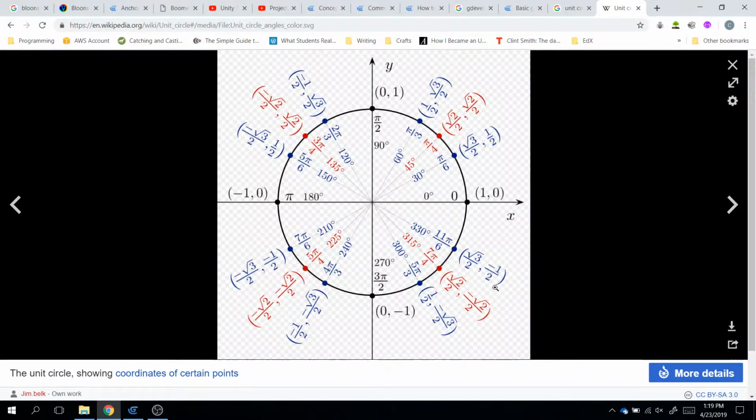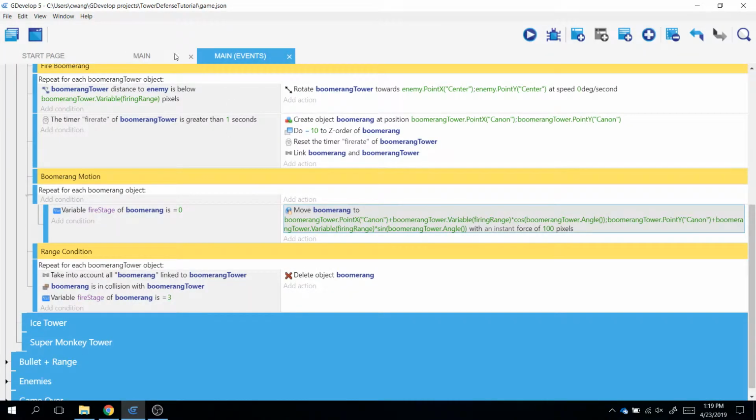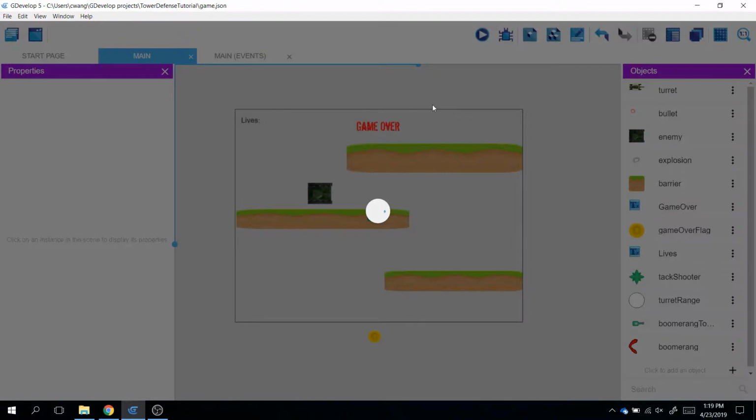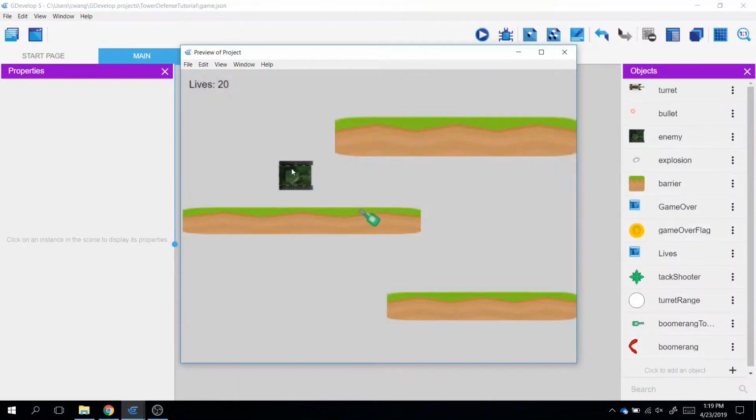And there are values in between, with the y value being the sine and the x value being the cosine. So yes, video game design does require some math, a lot of math actually. So we tried getting this 1 to -1 variance to affect exactly how far along the x and y the boomerang travels. But for some reason, it's not quite working.